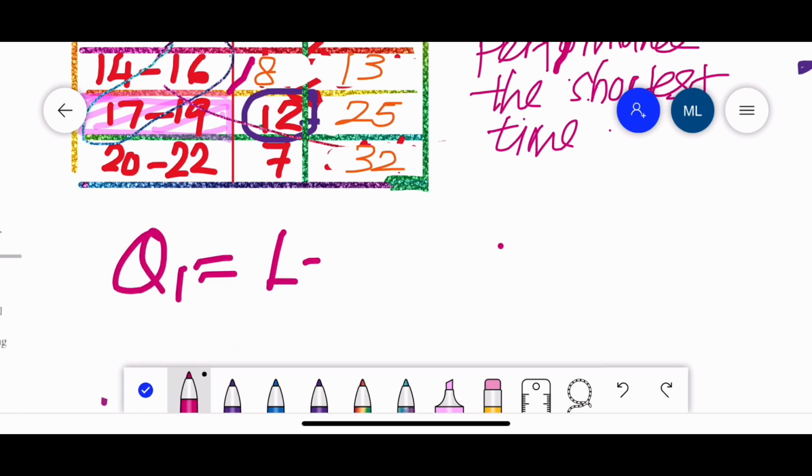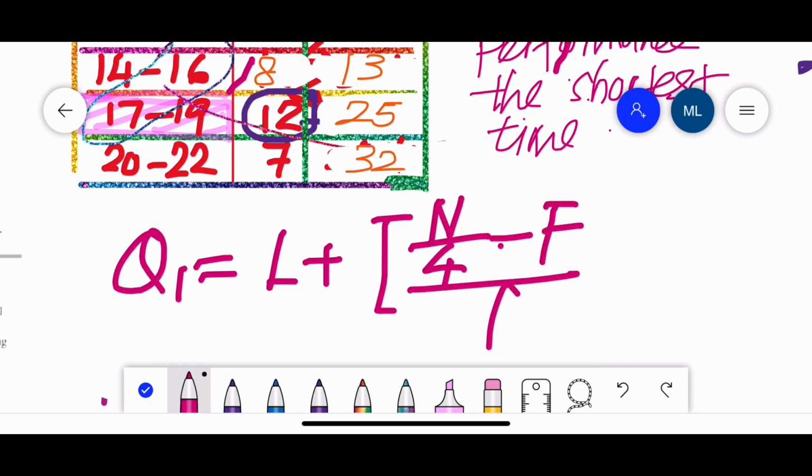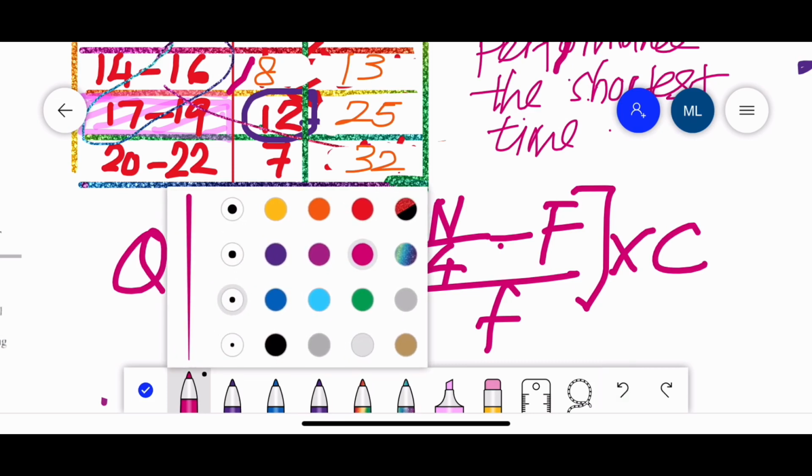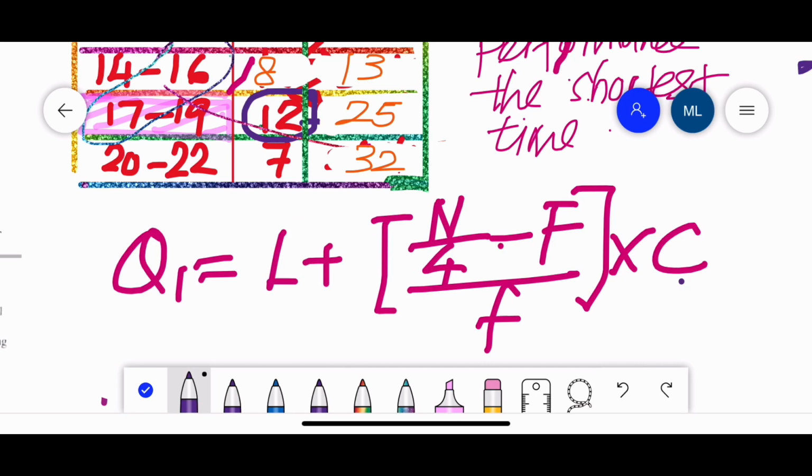So now we will copy down the formula for median and we will modify. So if median will be n over 2, so first quartile will be n over 4, and the rest will remain unchanged, minus F, okay? So don't change the formula. Okay, now from the table you can read big F, small f, right?